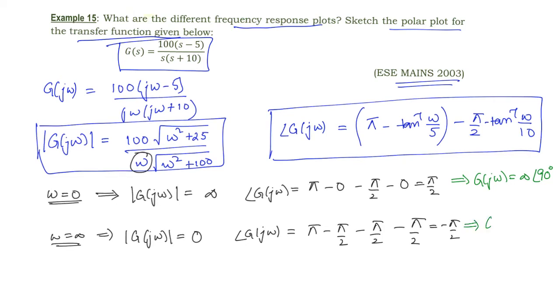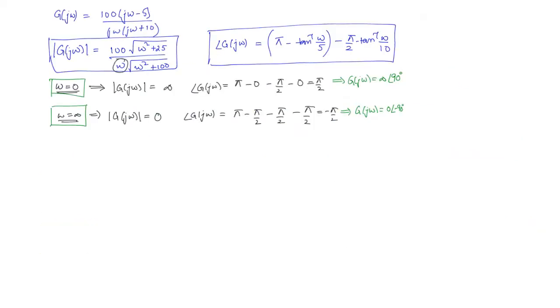So here g of j omega will be equal to 0 angle minus 90 degrees. So we have found the values of g of j omega at omega equal to 0 and omega equal to infinity. Now we will try to find the behavior of the plot between 0 and infinite frequencies.